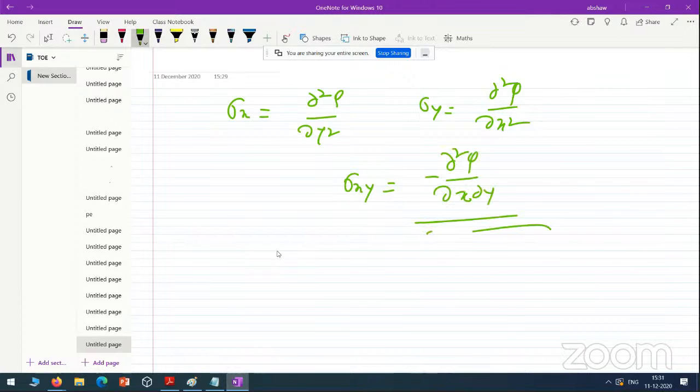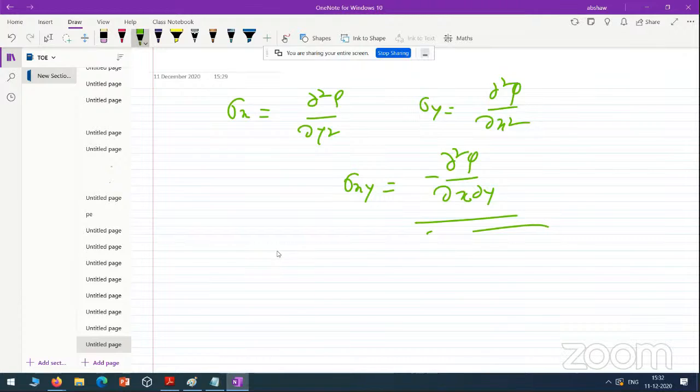This is how the stress function is defined. For a given problem, this is the condition the stress function has to satisfy, otherwise it will not qualify as a stress function.